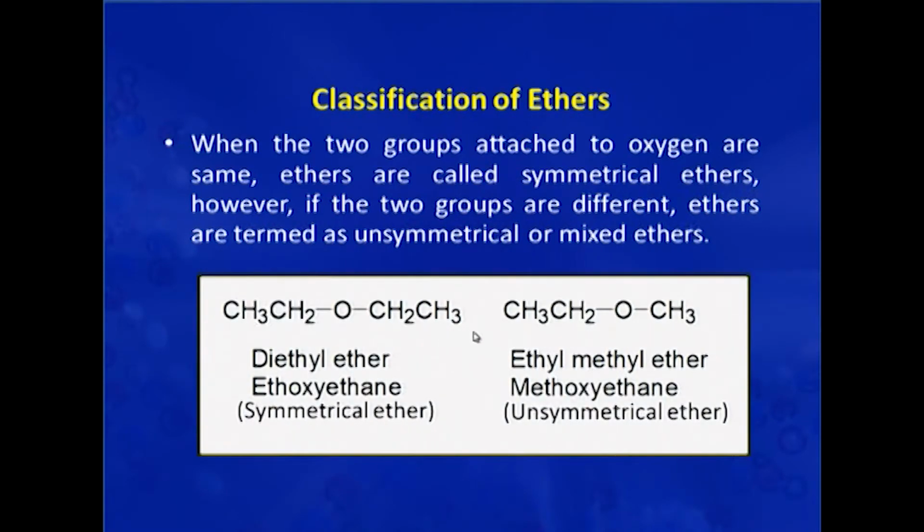That is why ethers are classified as symmetrical ethers or unsymmetrical ethers depending upon the nature of the 2 alkyl groups attached along the oxygen atom. If the 2 alkyl groups are similar, then we say the ether is a symmetrical ether. When the 2 groups are different, like in this case, where one alkyl group is methyl and the other alkyl group is ethyl, the ether is called unsymmetrical or mixed ether.